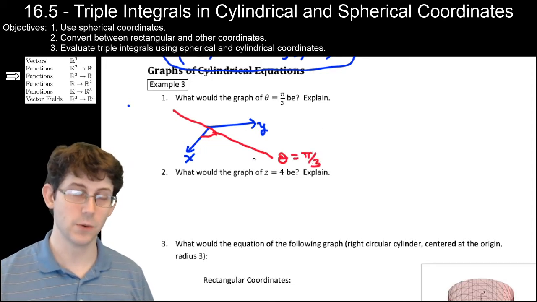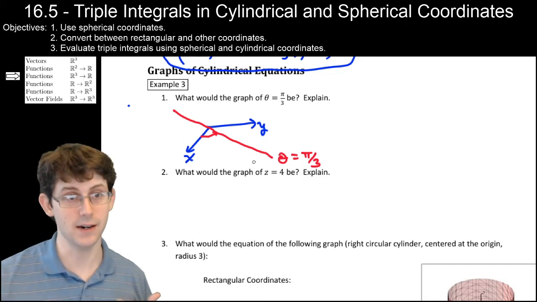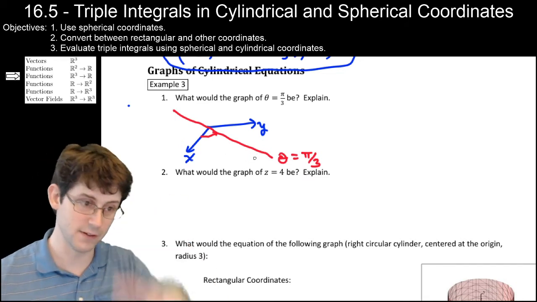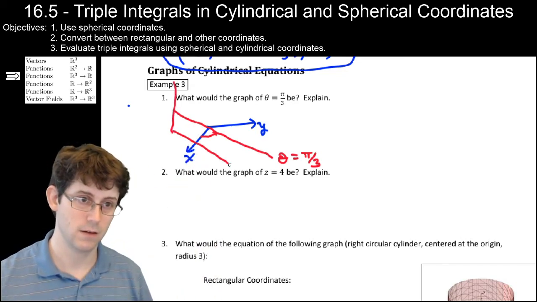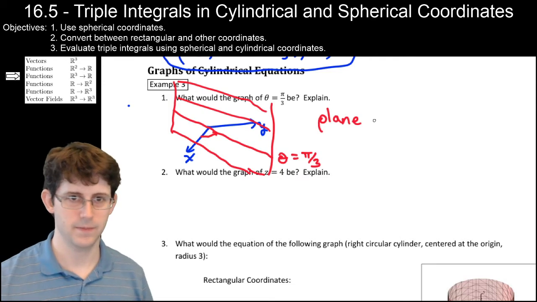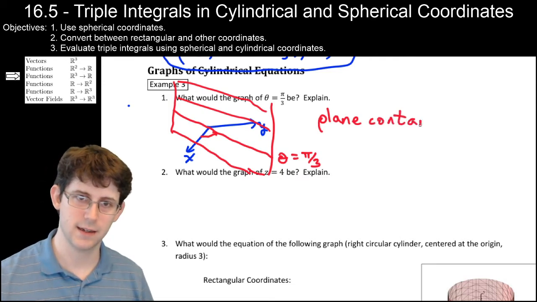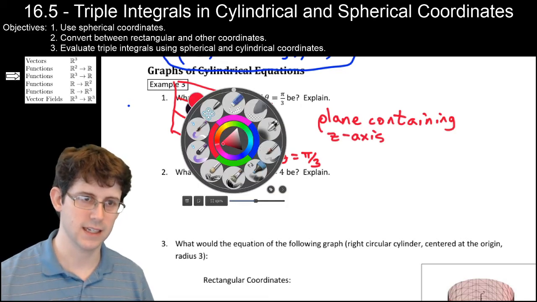But theta equals pi over 3 doesn't mention anything about the z-axis, so you get a cylinder, meaning this theta equals pi over 3 occurs at every value of z. So it's a plane containing the z-axis.